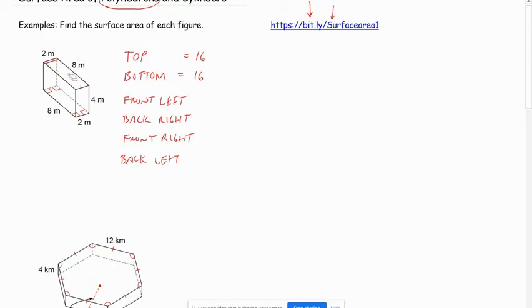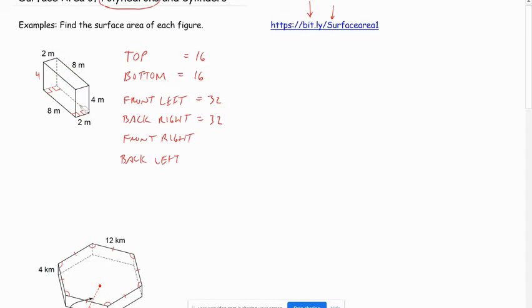Okay, and then the front left, I'm referring to this face as the front left, is a rectangle that measures 8 by 4. Since the height of this is 4, 8 times 4 is 32. The back right is exactly the same as the front left, so that rectangle also has an area of 32.